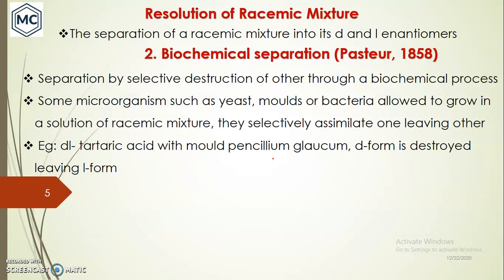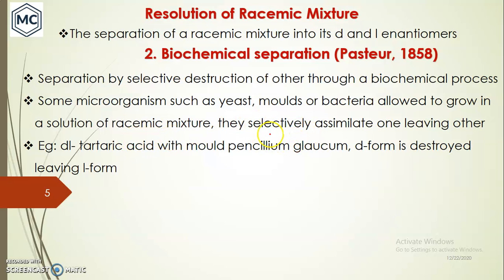And the second method, from the same person in 1858, is biochemical separation. So what is biochemical separation? You can separate D and L forms by selective destruction of one through a biochemical process. Some microorganisms such as yeast, moulds or bacteria are allowed to grow in a solution of the racemic mixture.